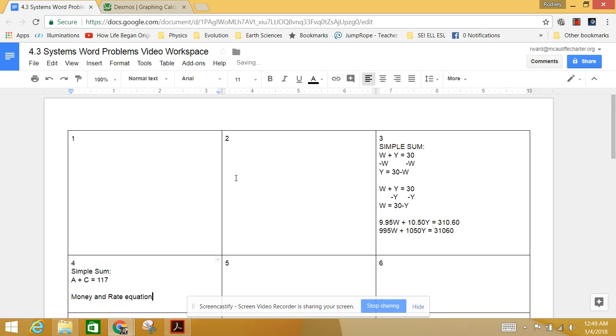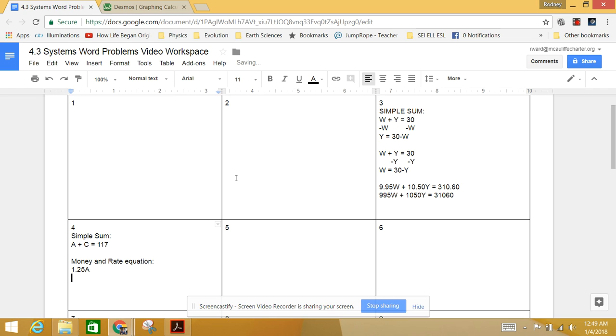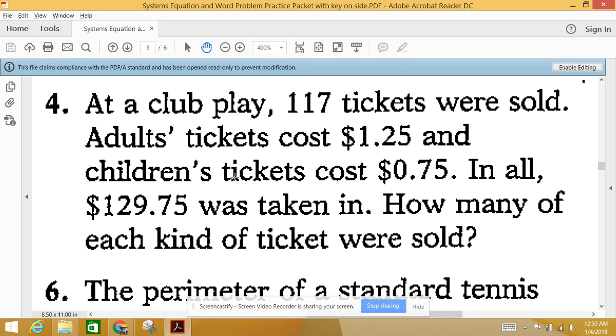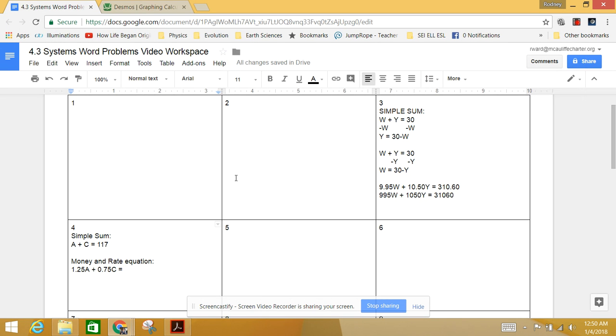The first product is 1.25 times adults. That gets you the total amount brought in from adult tickets. And then I'm going to have plus 0.75 times children tickets. And that'll get you the total brought in from children's tickets. And we have a total of 129.75. There's your setup for that.